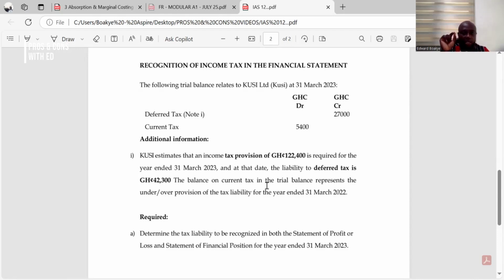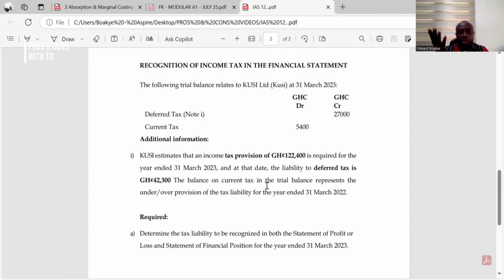So initially last year, we had a deferred tax of 27,000. We have accumulated 27,000. But this year, it has gone up to 42,300. So what is the movement? The movement is the difference between the 42,300 and the 27,000. It's a liability, so the movement in the liability has increased from 27,000 to 42,300.